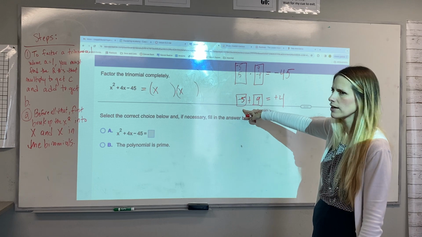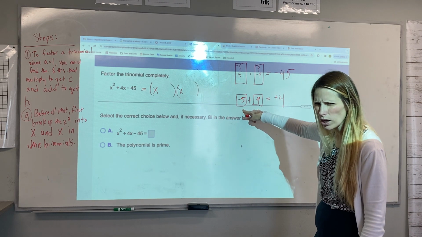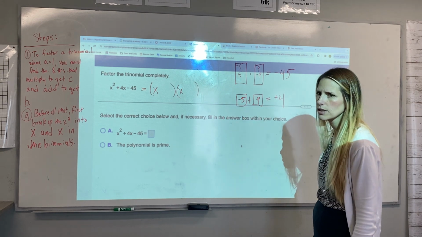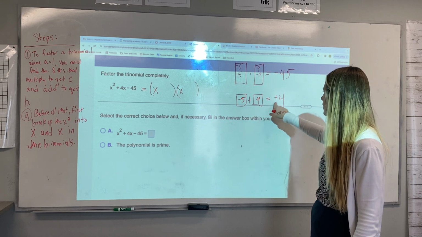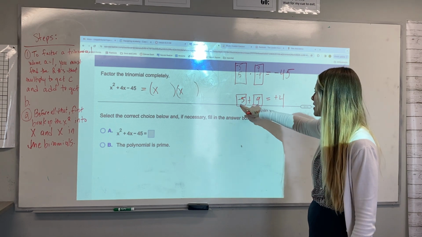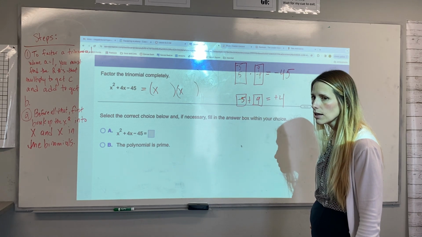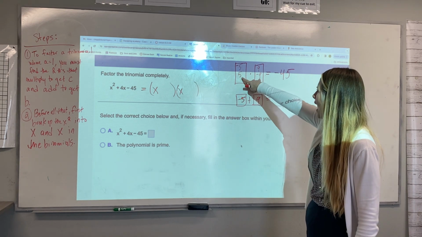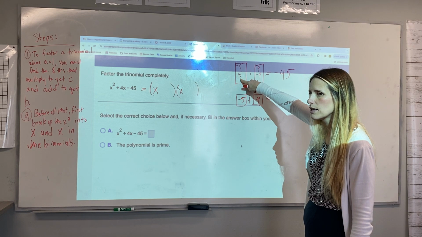Why would we choose this pair instead of this pair? Look what it has to get. Right, so why is this pair the correct one and not this one? Yeah. Because if we add 5 plus negative 9, we'll get a negative 4.